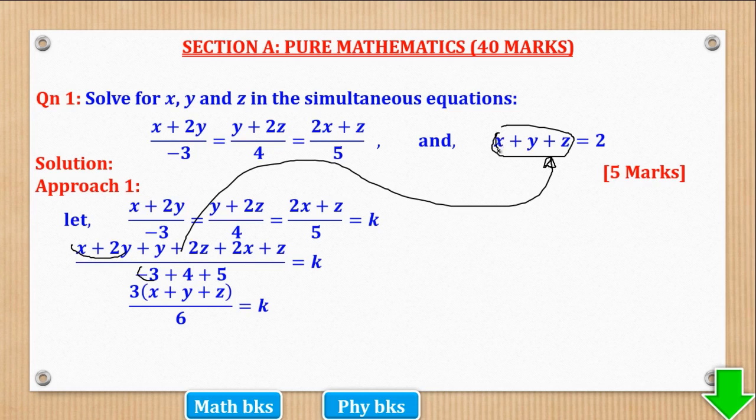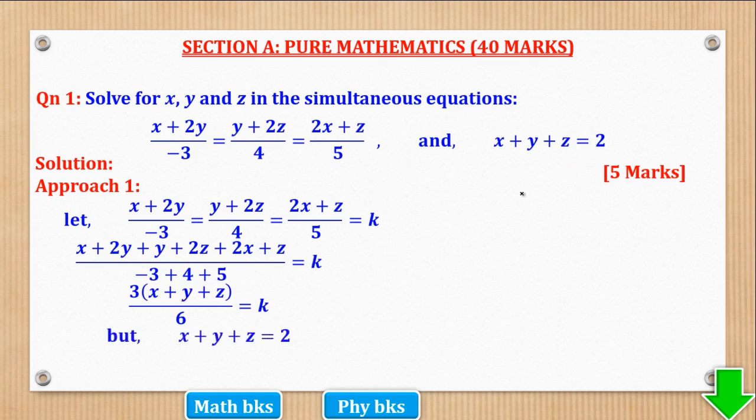For all questions set in this form, after adding, what you get must have a factor which is exactly similar to the second equation given. When you realize that, you are going to substitute where there is x plus y plus z, we shall put 2.